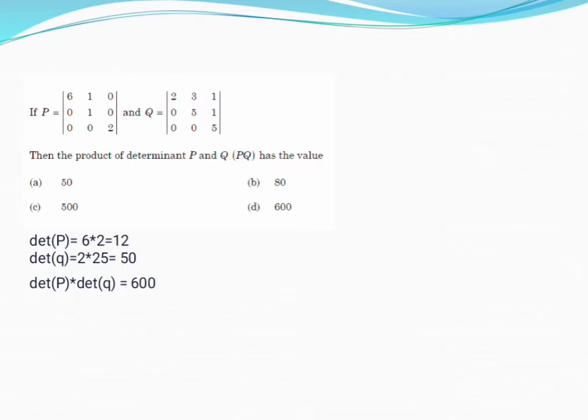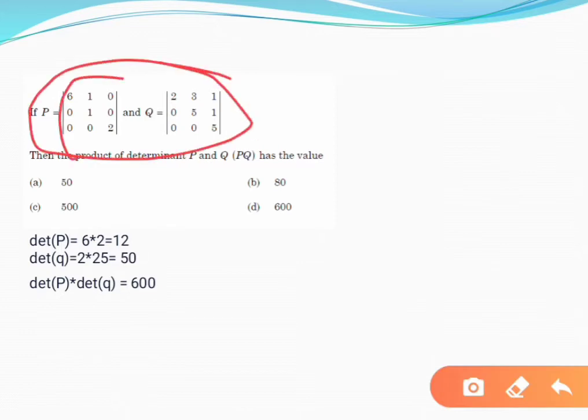Now you have to know the square matrix, because in this question P is a square matrix and Q is a square matrix. So what is a square matrix? A square matrix is a matrix in which the number of rows is equal to the number of columns. If it is n, it is called a square matrix of order n.